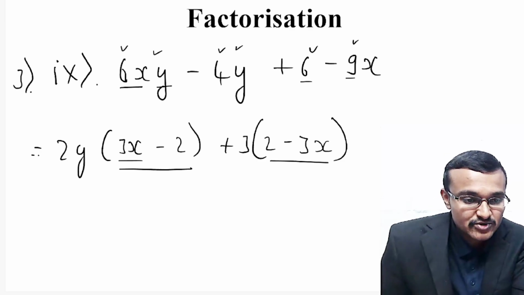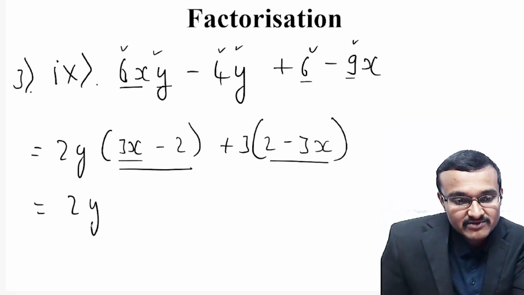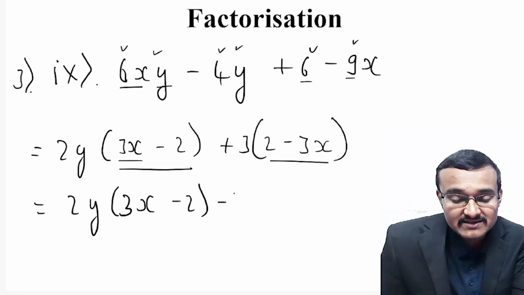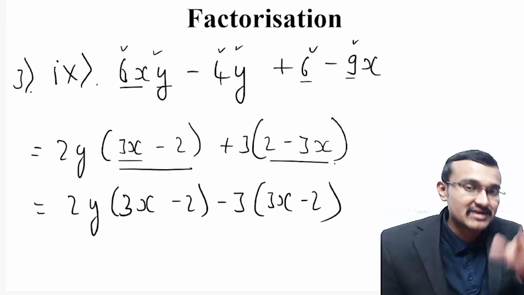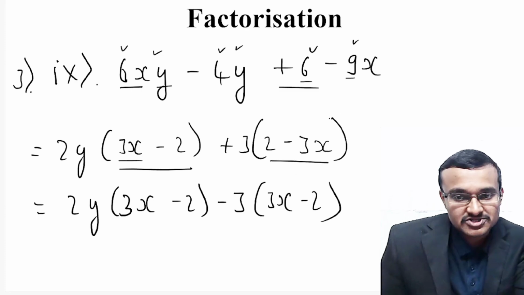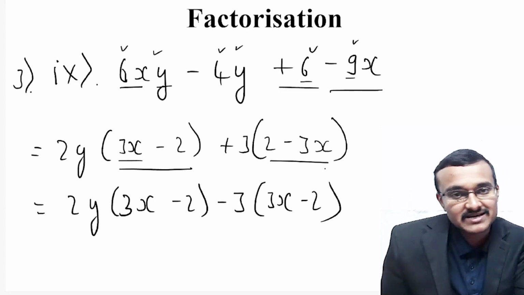So when you take minus outside bracket, at that time it will be equal to 2y into 3x minus 2 will be there as it is. When you take minus from this particular bracket, then it will become minus 3 into 3x minus 2, because when you multiply minus 3 with minus 2, it will become plus 6, because minus into minus will be plus. So plus 6 is there in the question, and when you do minus 3 into 3x, it will become minus 9x, that is also there in the question.